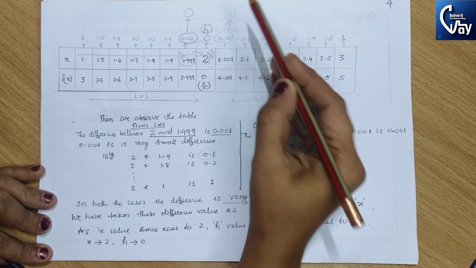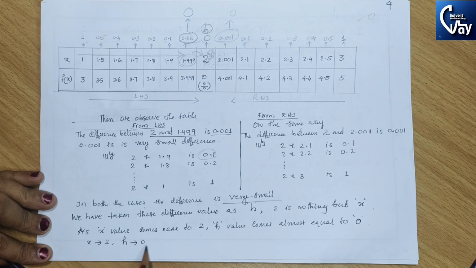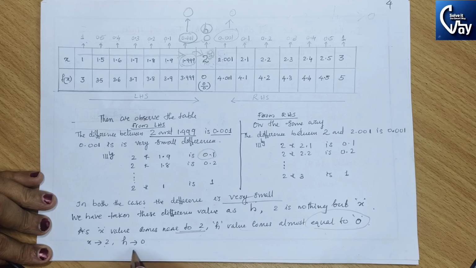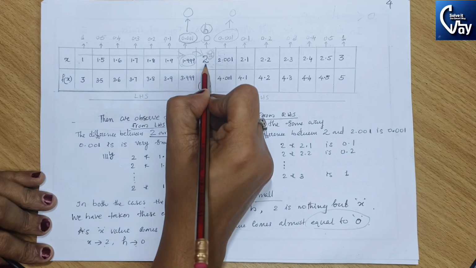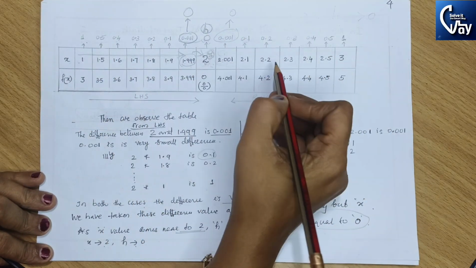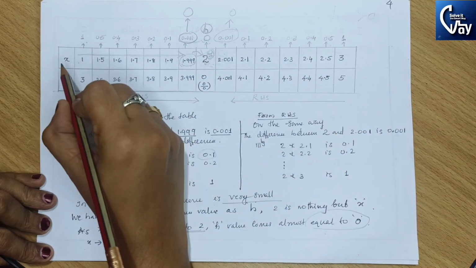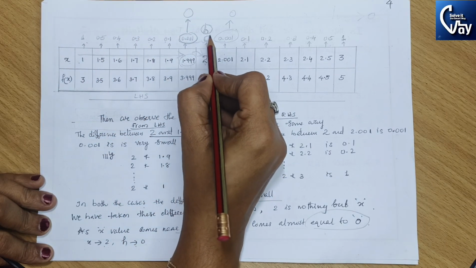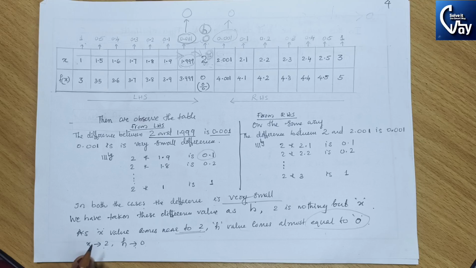In both the cases, as the x value comes near 2, the h value comes almost equal to 0. As x approaches 2, h approaches 0, in both the cases. So the final conclusion is that as x approaches 2, at that time h approaches 0. Is it clear?